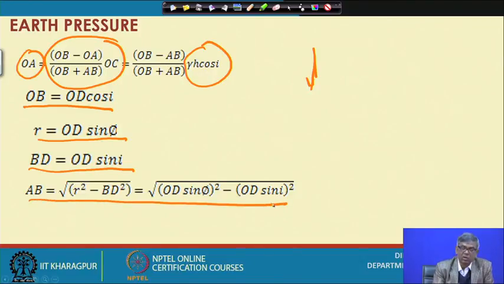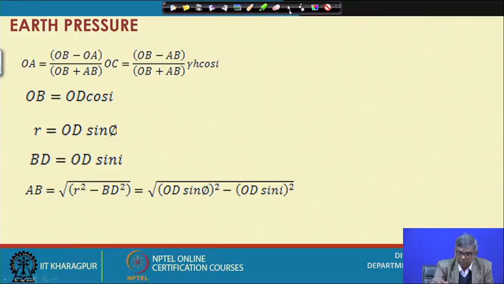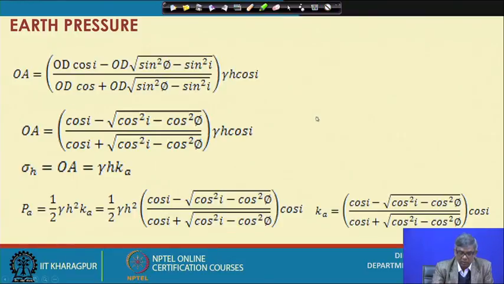Okay, so these are all the things we can get from the geometry, and once we get this, substitute all in this way. Originally whatever expression I have written, I can substitute here, and then we get this type of expression, and OD gets cancelled everywhere, you can see.